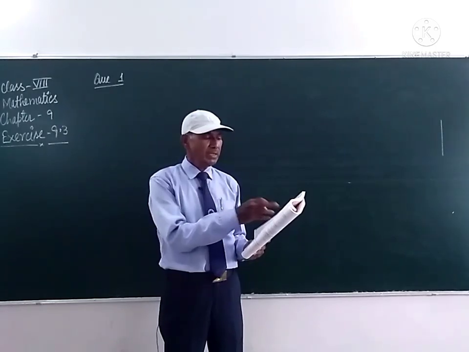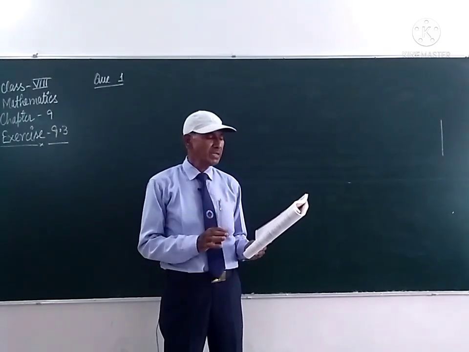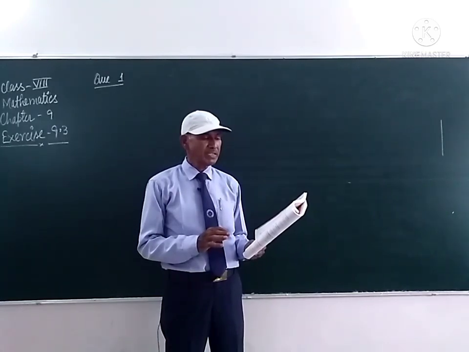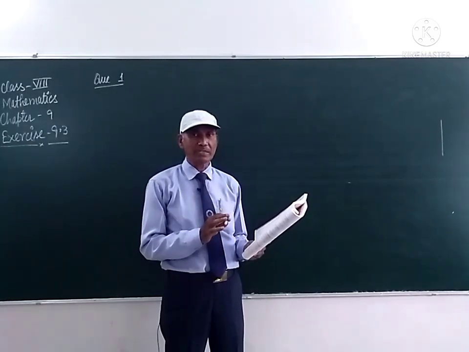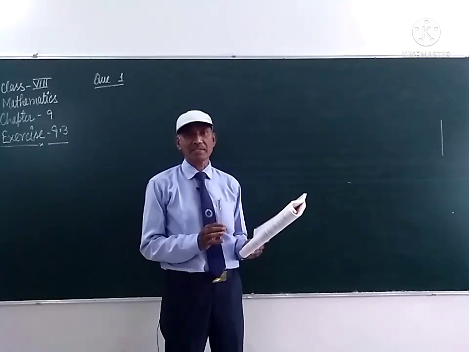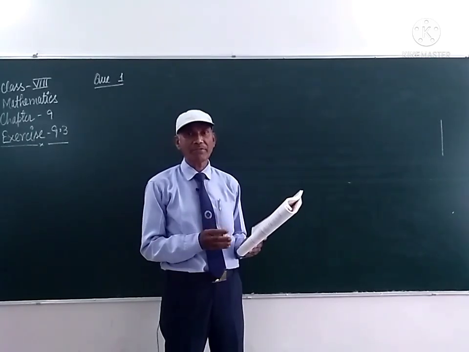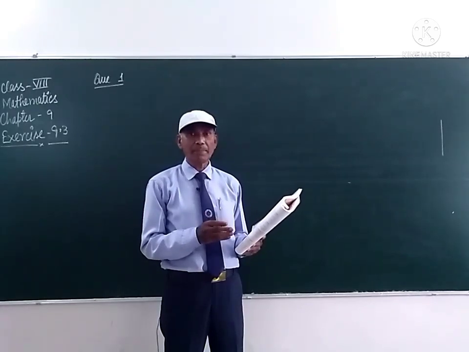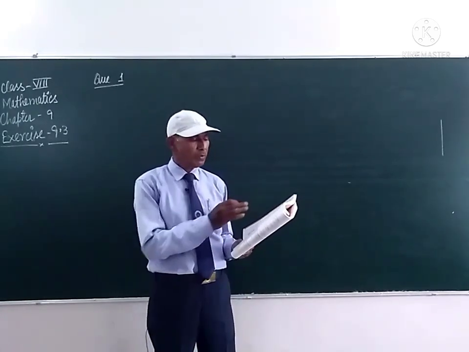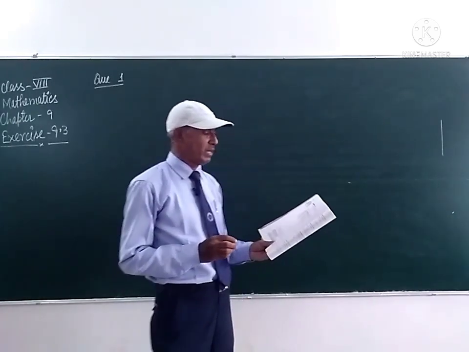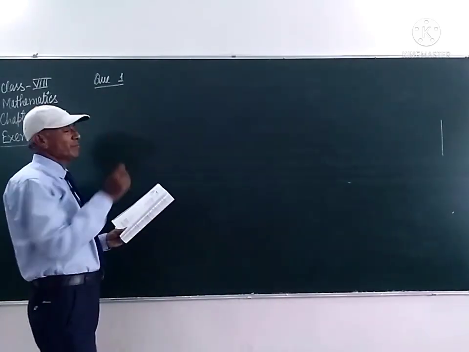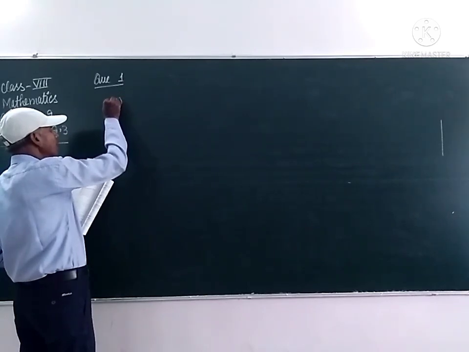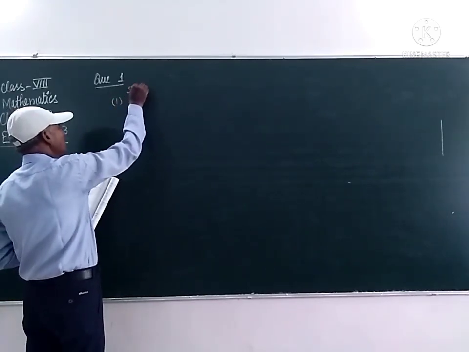There are two pairs of expressions and we have to multiply and find the product of those algebraic expressions. So, this is the first part of question number first, and this is the solution, students.